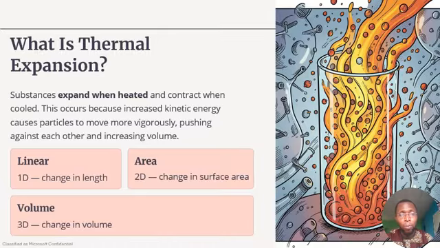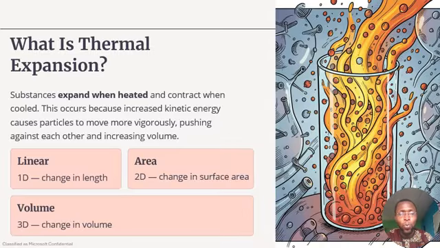The expansion can also come in the form of 2D, which is called area expansion, and it can come in 3D, which is called volume expansion. Sometimes we call area expansion superficial expansion, while we sometimes call volume expansion cubical expansion.